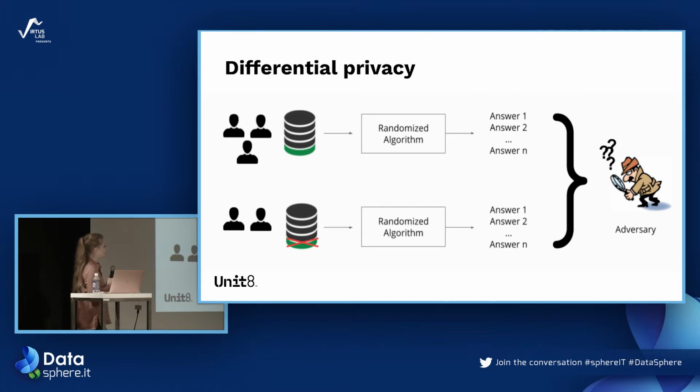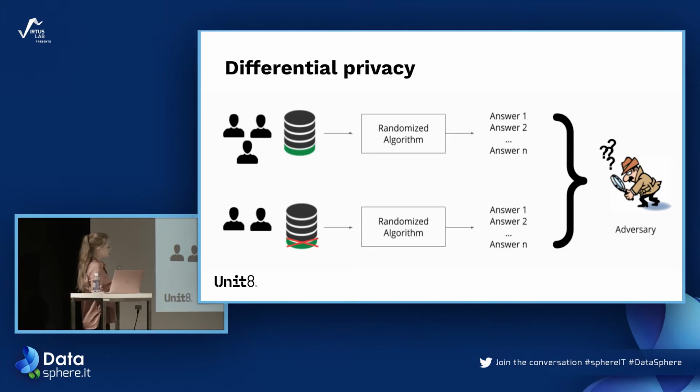The idea is to make access to the database randomized. And thanks to that randomized access, the presence of a particular person will be impossible to distinguish from the results of a query. The results of a query should be statistically indistinguishable.